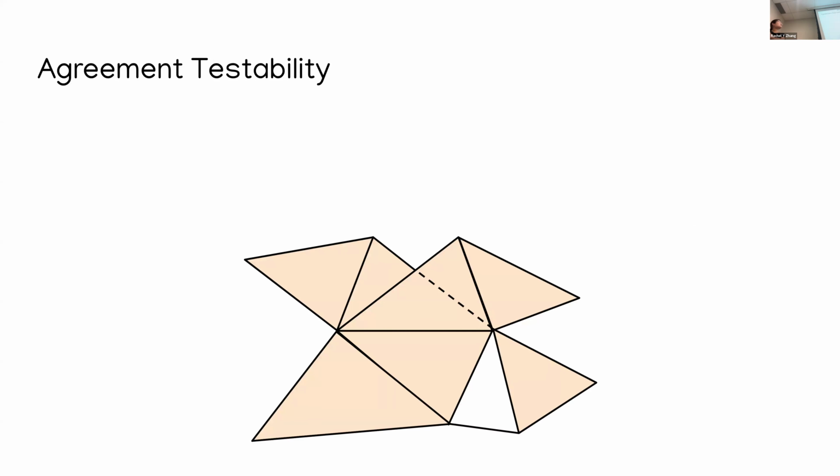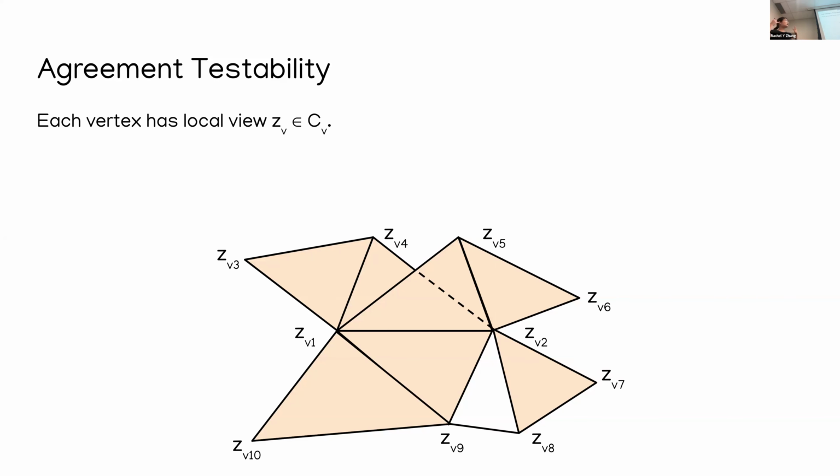Okay. So let's try to understand whether this local test will work. Actually, instead of talking about this local test, let's talk about a different kind of test called agreement testability, or agreement testing. You should simulate it in your mind; it's not quite a test you can do on the complex. Suppose that every vertex has a local view, Z_v, which is in your vertex code.